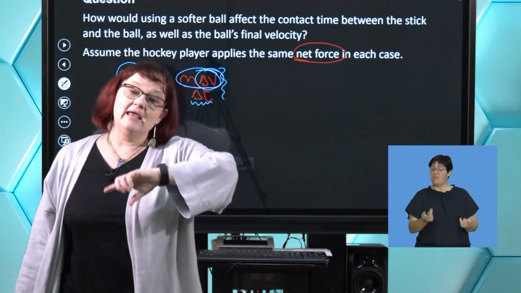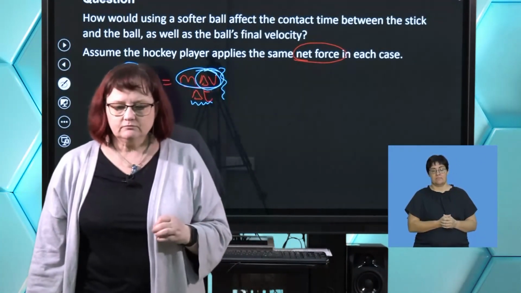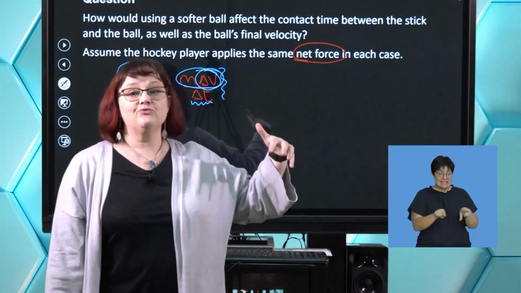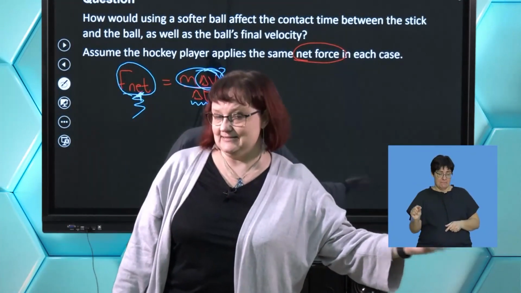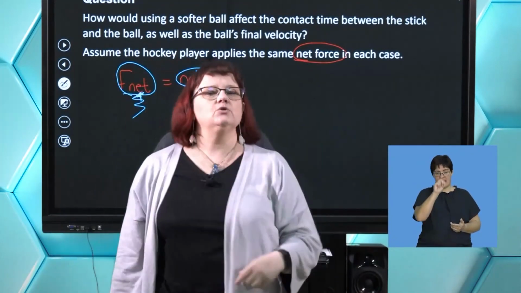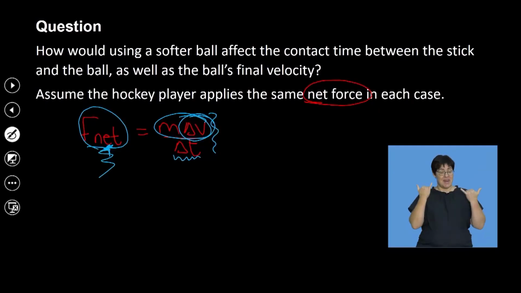Okay, if instead I said to you that the ball goes off with the same velocity, I could then ask you what would the F net be? Well, this time, let's just write this again because now it's getting all messy.